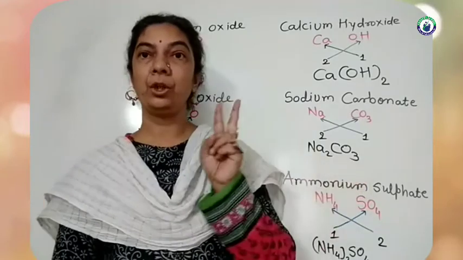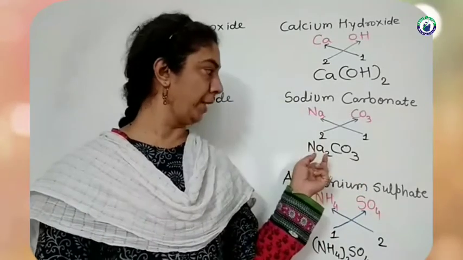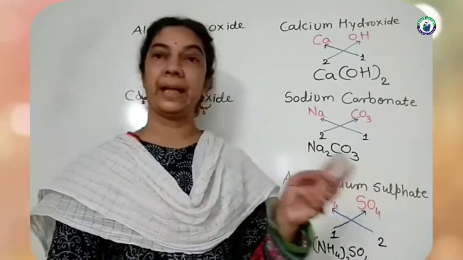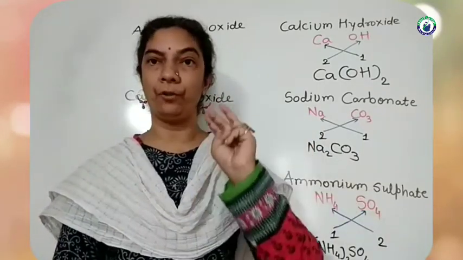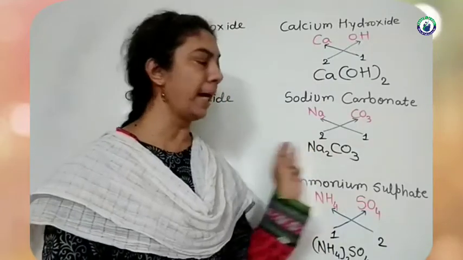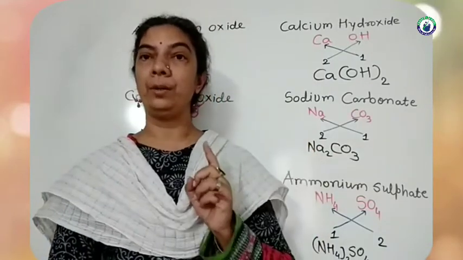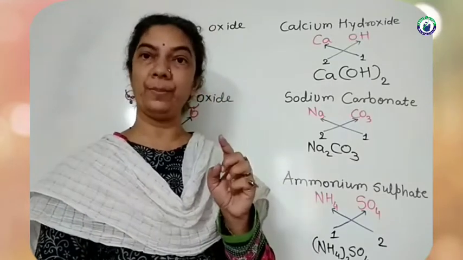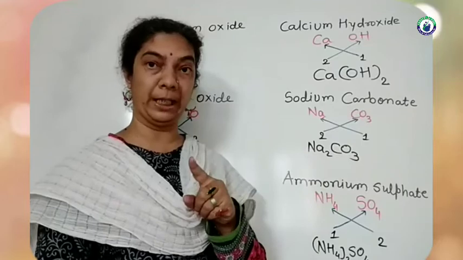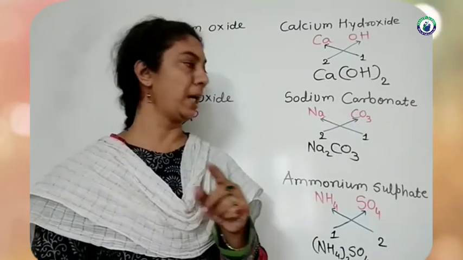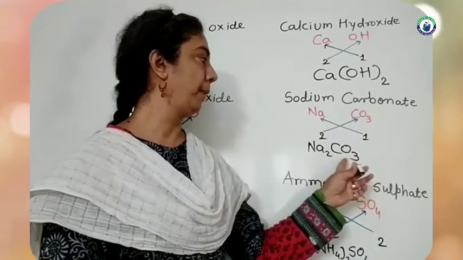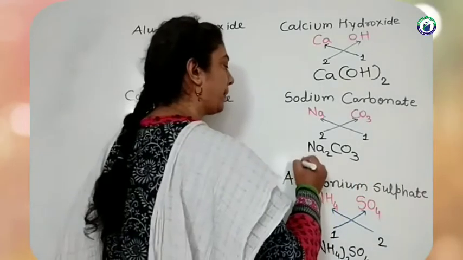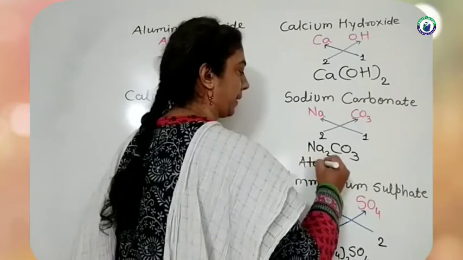It means 2 atoms of sodium, 1 atom of carbon and 3 atoms of oxygen combine to form one molecule of sodium carbonate. So the atomicity of one molecule of sodium carbonate is 3 plus 1, 4, 5 and 6. Atomicity is 6.